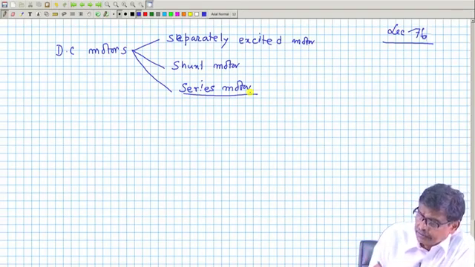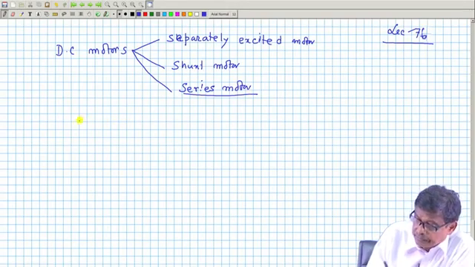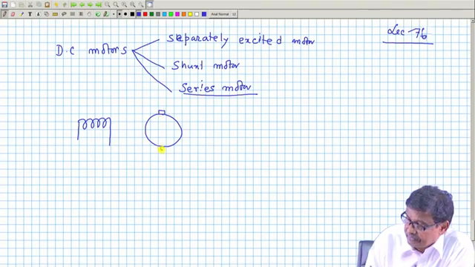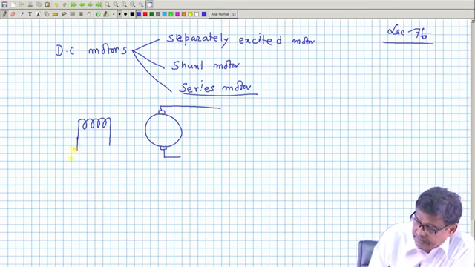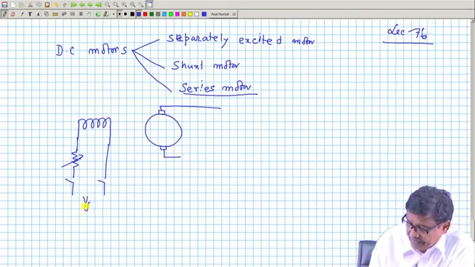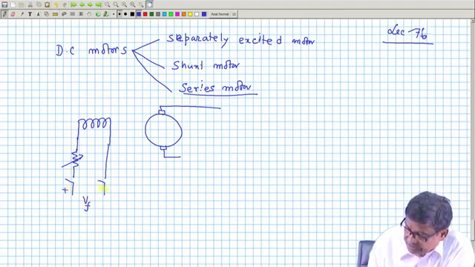In the case of a separately excited motor, what is done is this: this one is the field winding, this is your armature winding, and here the field circuit is given supply from a separate DC source, V field, a fixed DC voltage.